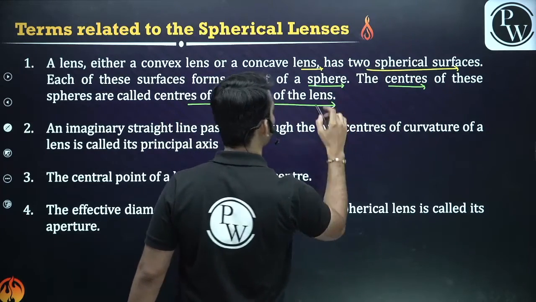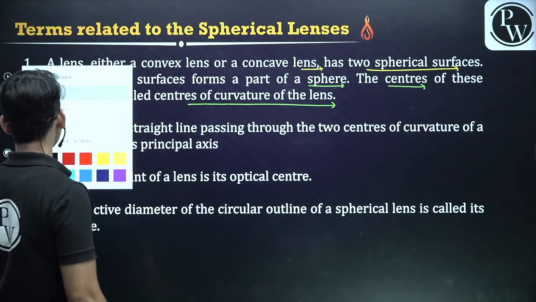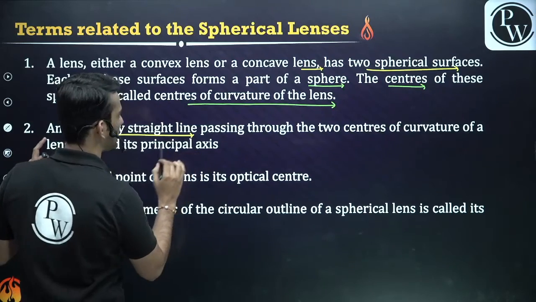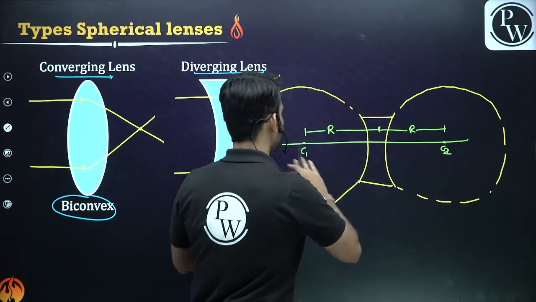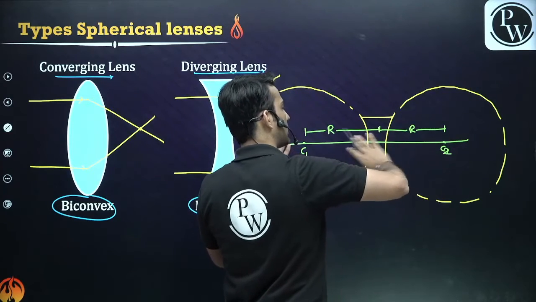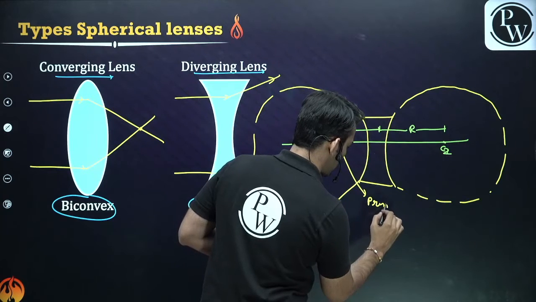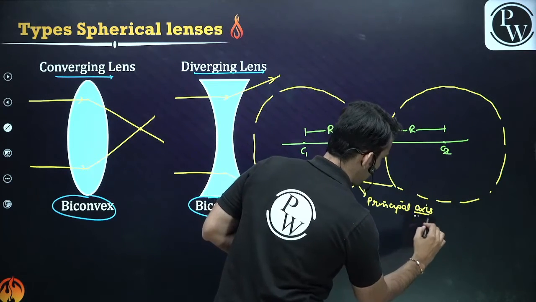Okay, next is the principal axis. So guys, what is the principal axis? An imaginary straight line passing through the two centers of curvature. Can you see it? This is called the principal axis.